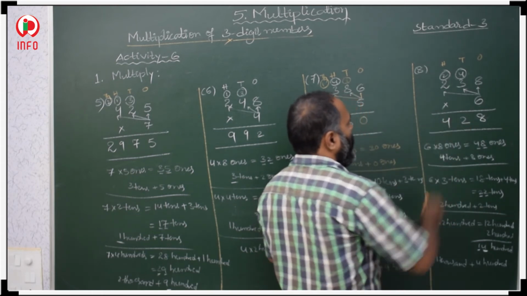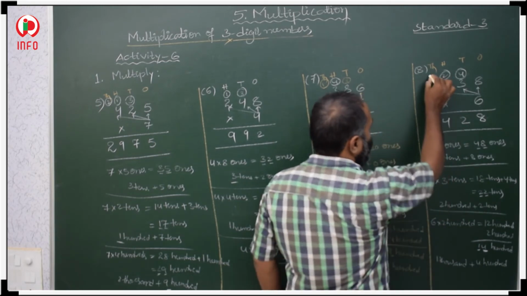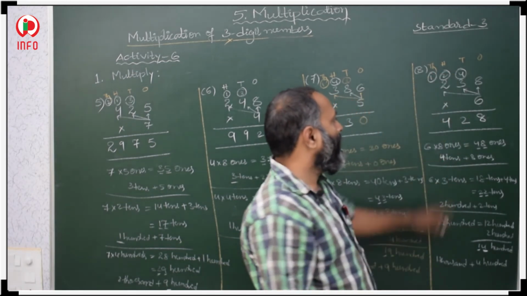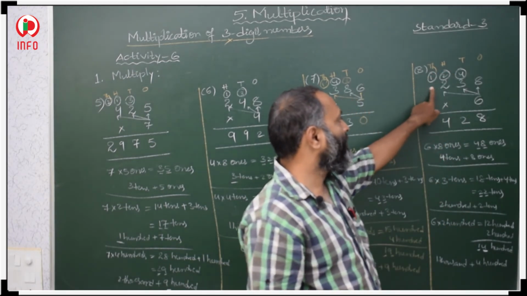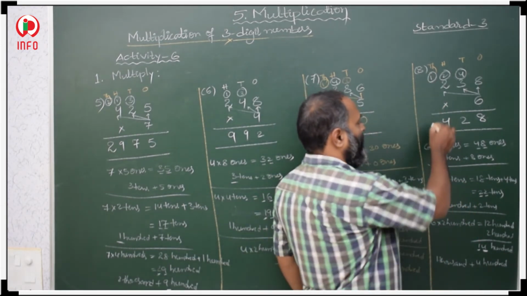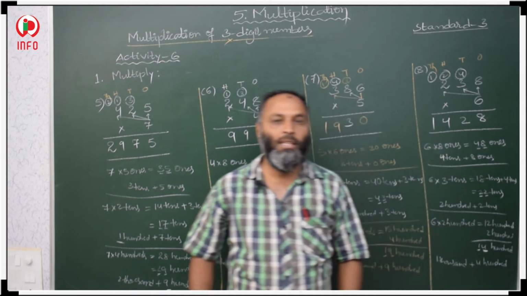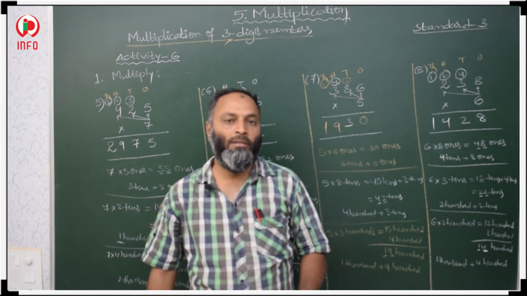So here we have to take 1000 also, carry over on thousands place. Here we don't have any thousands place, so we just write 1 as it is. This is the product. Total 8 questions.